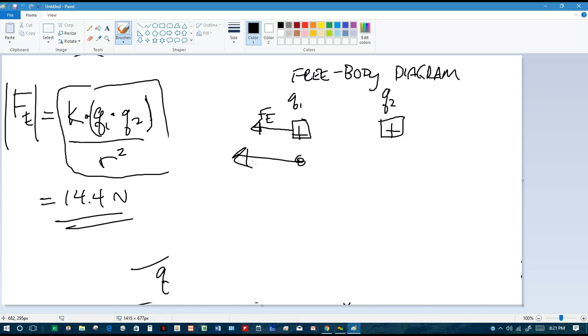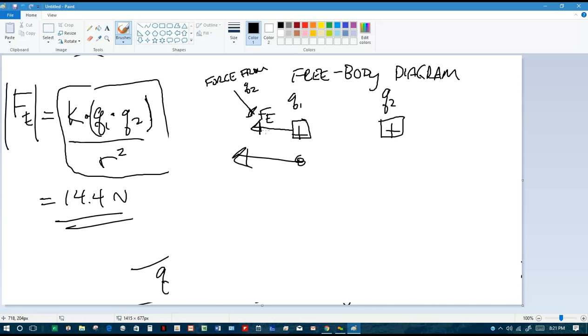Yeah, so that other guy, Q2, is pushing him to the left. He's pushing him away. So this is the force from Q2. Q2 is pushing him away, and so that represents a leftward force that he feels from the other charge, Q2.